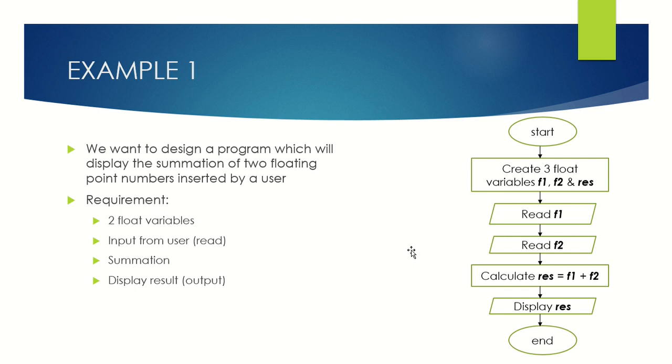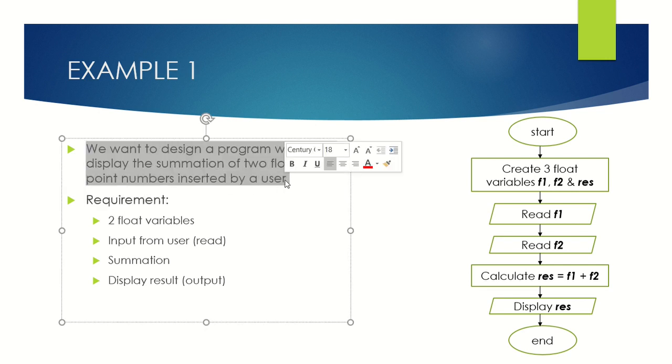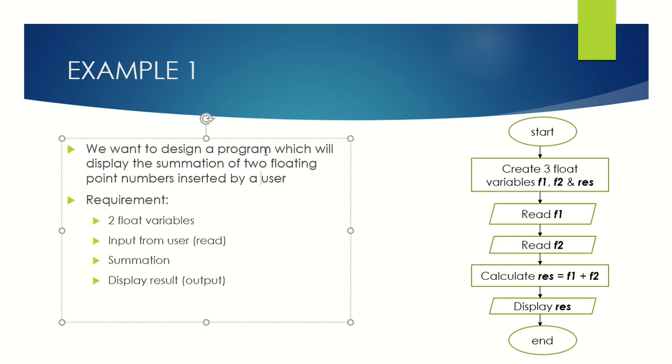Okay, kita akan lihat contoh lah. Okay, sebagai contohnya kat sini kita nak design a program which will display the summation of two floating point numbers inserted by user. Okay, ini adalah task yang diberikan lah. Okay, so requirement dia kat sini adalah since user perlu masukkan dua floating point, dia perlu masukkan dua value. So yang floating point lah ataupun nombor perpuluhan.